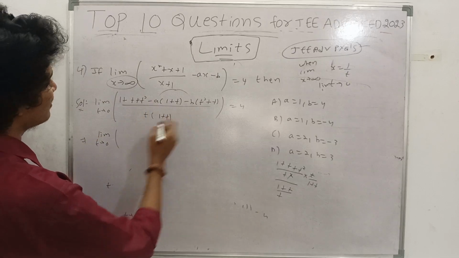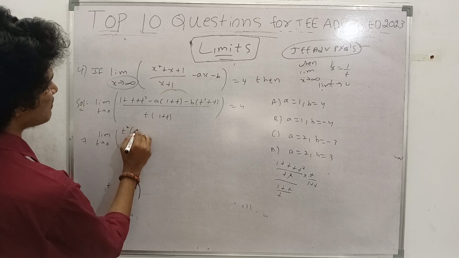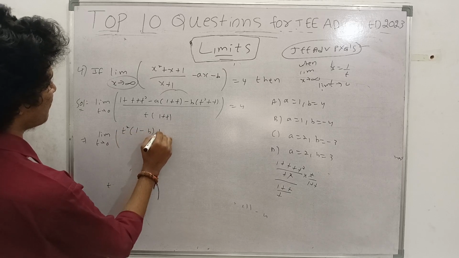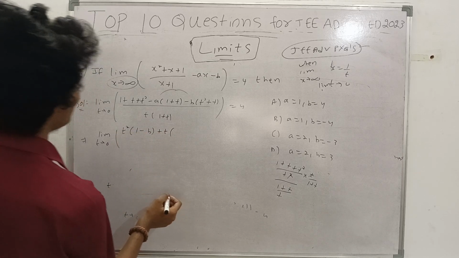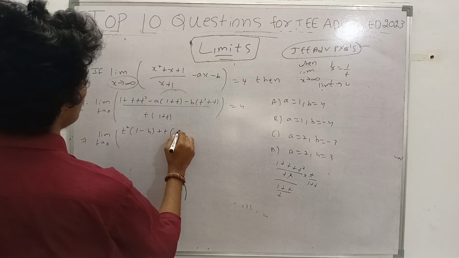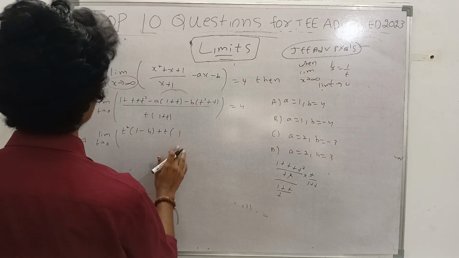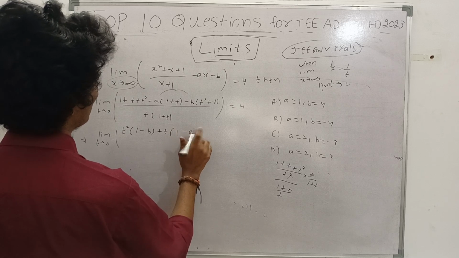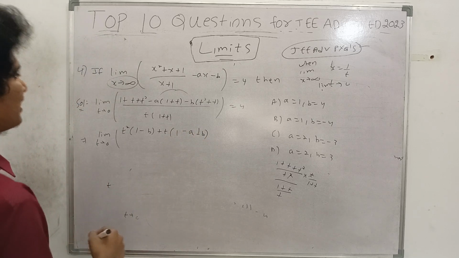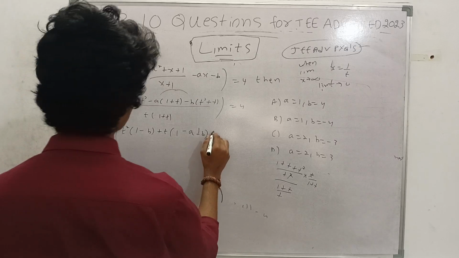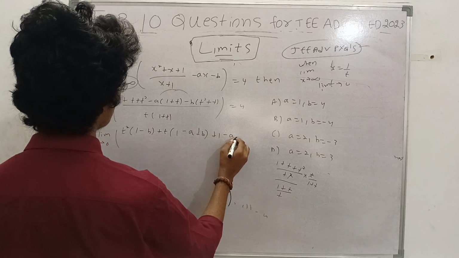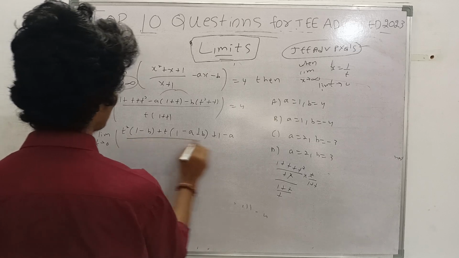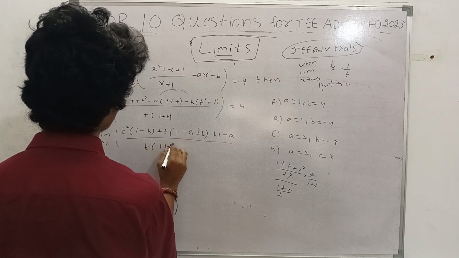I can take t square as common, 1 minus b here. And if I take t as common, 1 minus a minus b. And the constant terms, 1 minus a, and this entire thing is divided by 1 plus t.